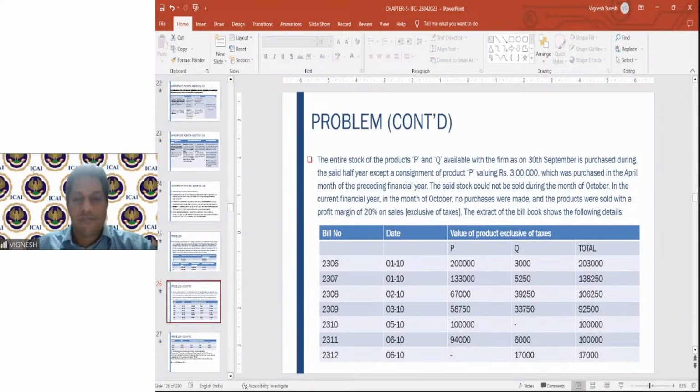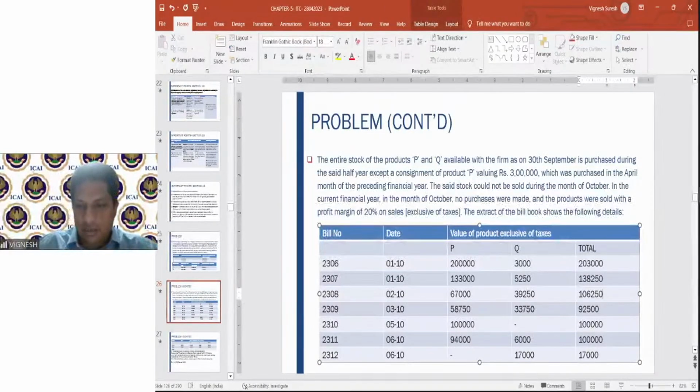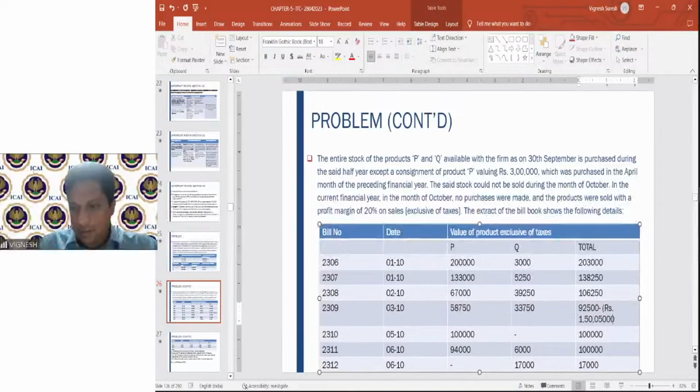So 1 crore 50 lakh 5,000. So here it touches 1 crore 50 lakh 5,000.